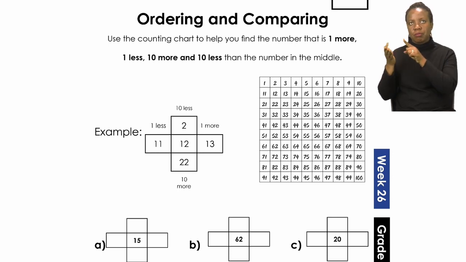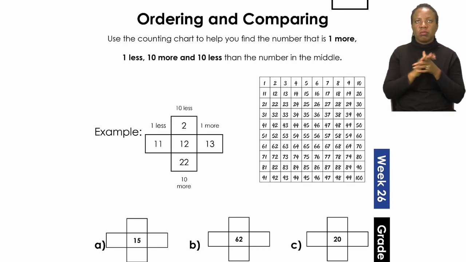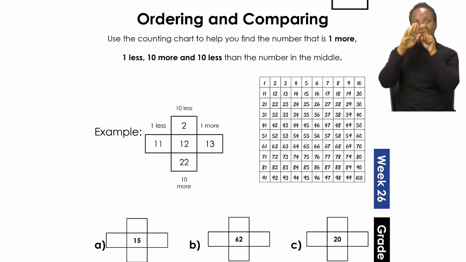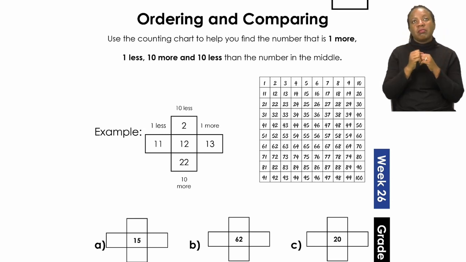Now let's quickly see how we have to do this. We look at the number to the top. The number to the top will be 10 less. Now 10 less than 12 is 2. The number at the bottom of 12 or the block at the bottom will be 10 more.